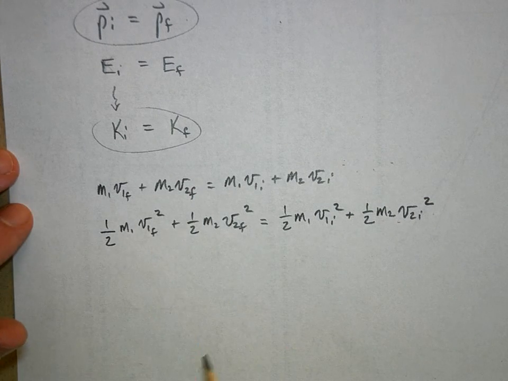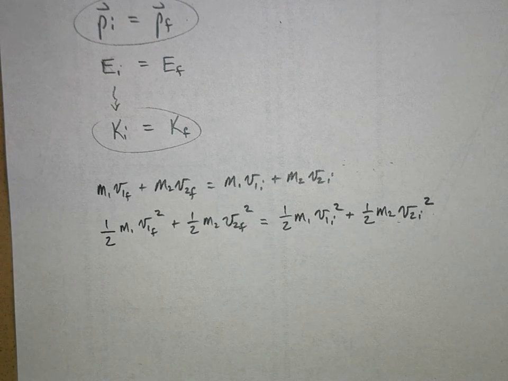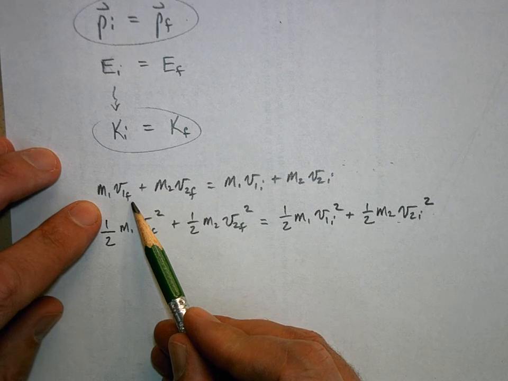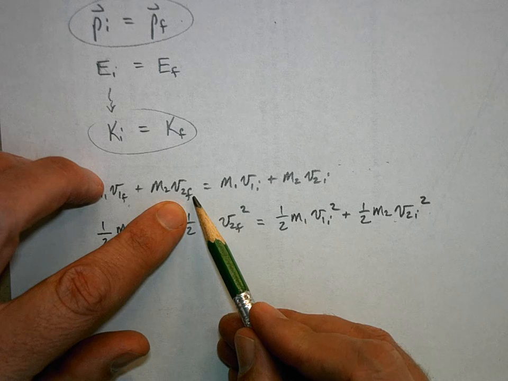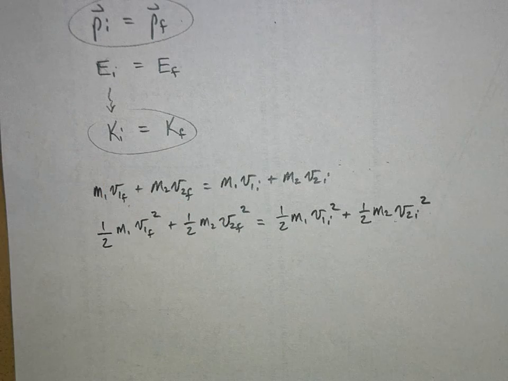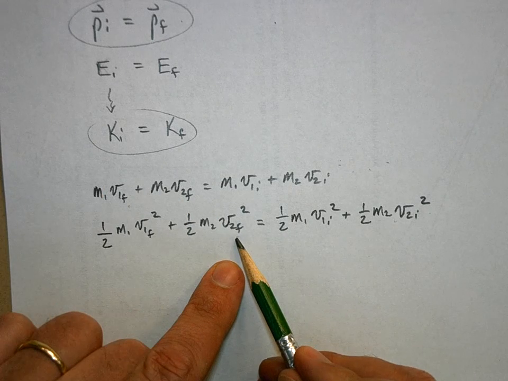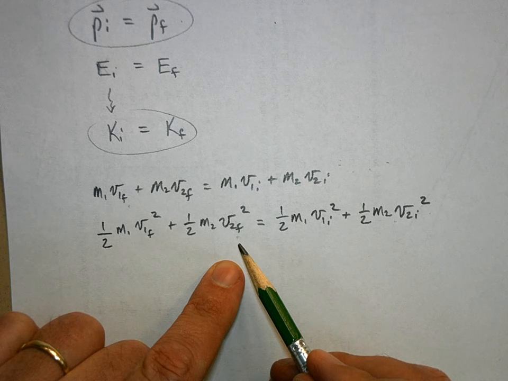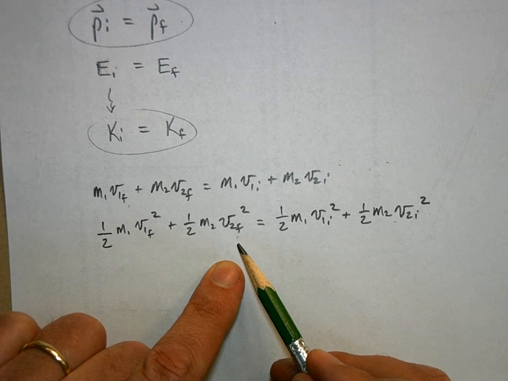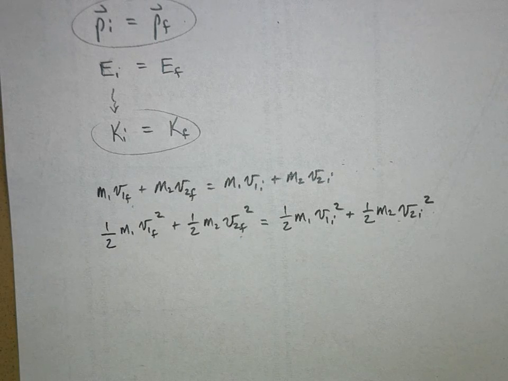Maybe that's what you want to find. So you solve this for v1 final, or maybe you solve this for v2 final, and then you plug it in here, but it gets squared. Oh no. And it becomes this monster algebra problem.